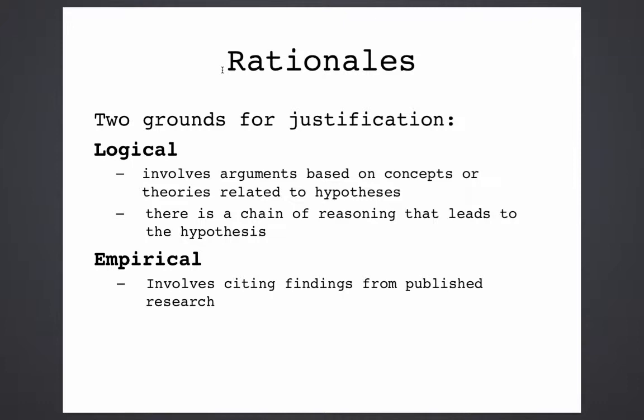Empirical, which is very useful for convincing people that your theory makes sense, actually involves going to the literature, finding studies that support the existence of relationships between variables already.